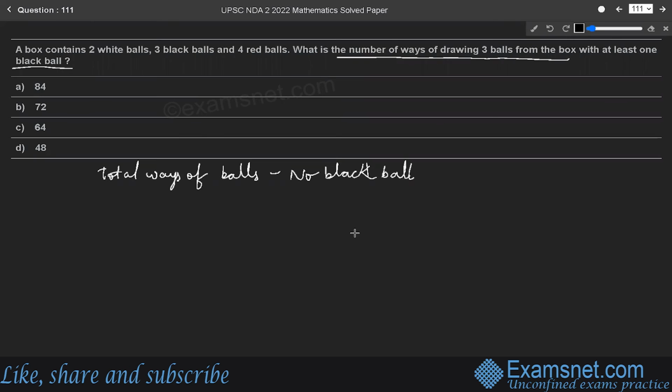Means no ways that a black ball will occur. So total ways is, you can see that 2 white balls, 3 black balls and 4 red balls. So total balls are 9, out of which 3 are black. So it will be 9C3 minus no black ball, means 6C3. 9 minus 3 is 6, and from that also 3 will be selected. So on further calculating, it will be 9 into 8 into 7 upon 6 minus 6 into 5 into 4 upon 6.